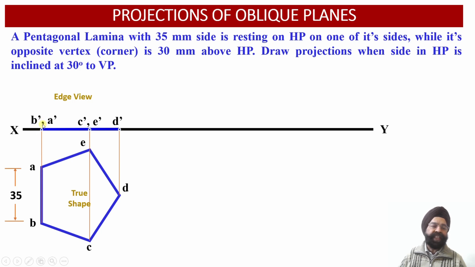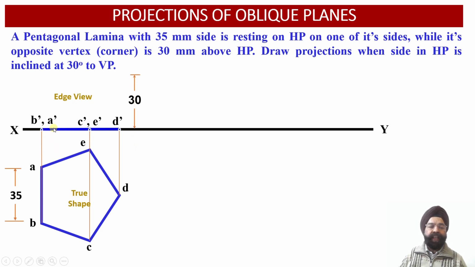That is, it will be resting on the edge BA on the ground, that is B dash and A dash, and this particular opposite vertex will be lifted by a distance of 30 millimeter above the ground. The angle of inclination has not been provided to us, rather the location of this opposite vertex, point D dash, is lying at a height of 30 millimeter above the horizontal plane.